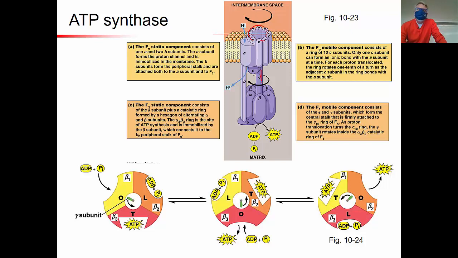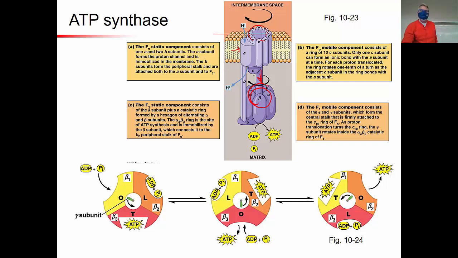And it's attached to this gamma stalk, which also spins around, okay? So this whole thing is spinning. In contrast, the A component, the B, and importantly, this alpha beta ring are fixed in place. And so what happens if you have something that's fixed in place and you put a stalk into it and you turn it? It shifts through.